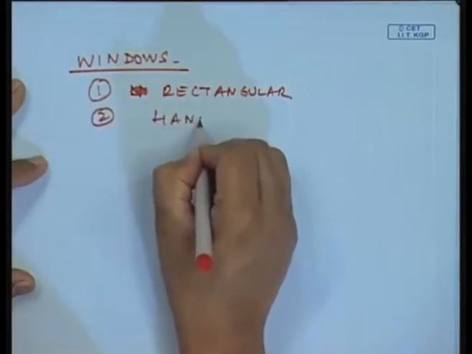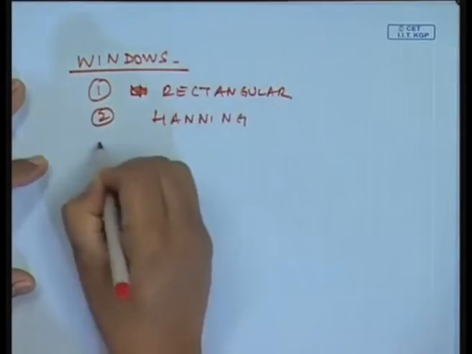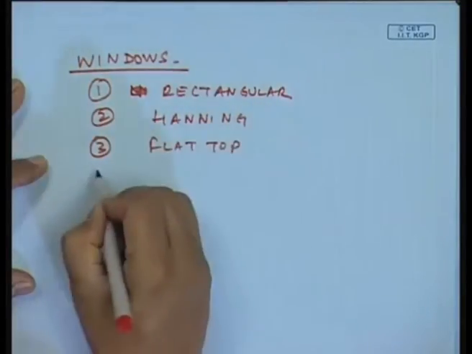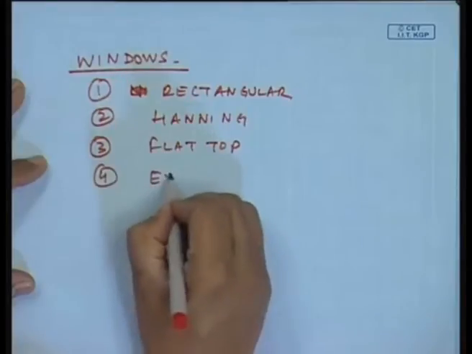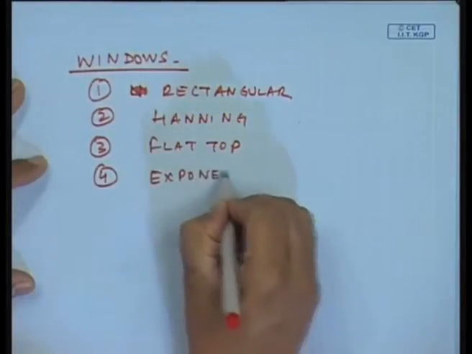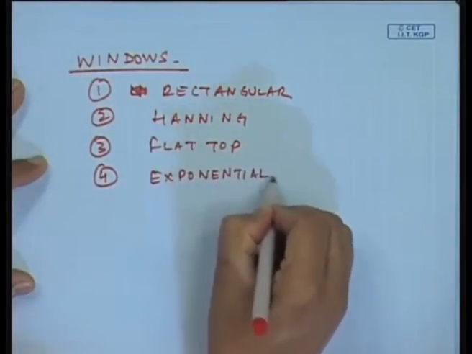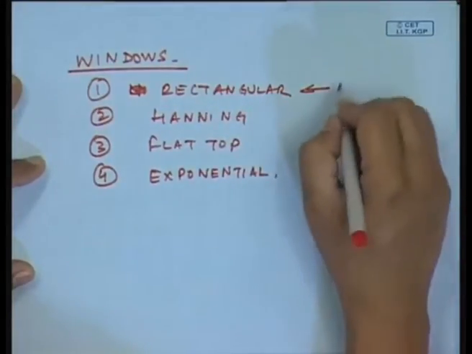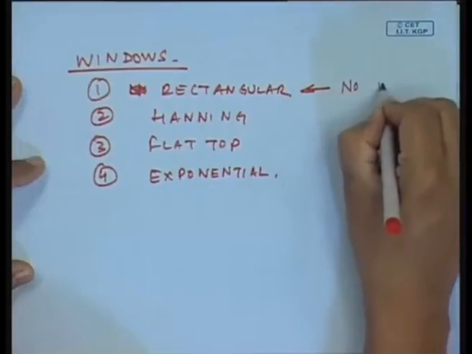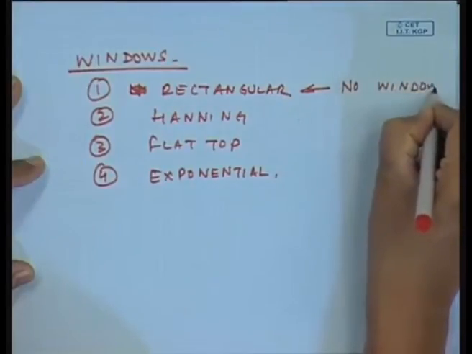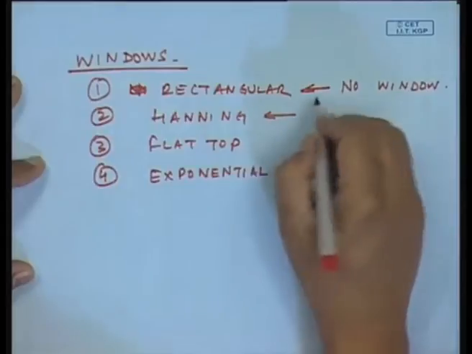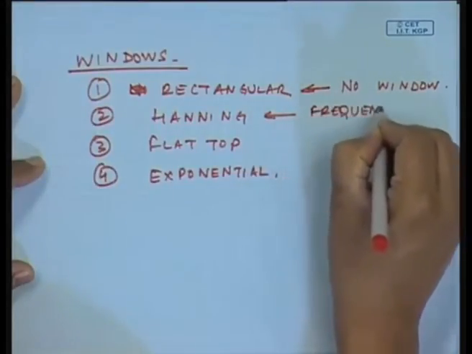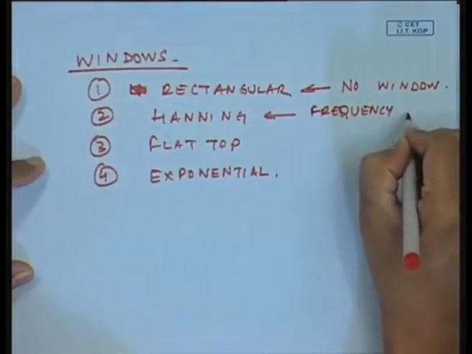Hanning is another very popular window, and this is a flat top. Then there is an exponential window. Rectangular window is actually no window, it is just a rectangular function, and this is for a good frequency estimation of periodic signals.